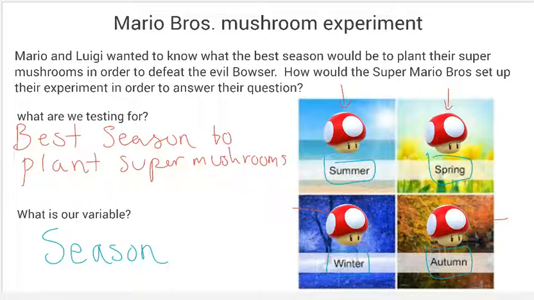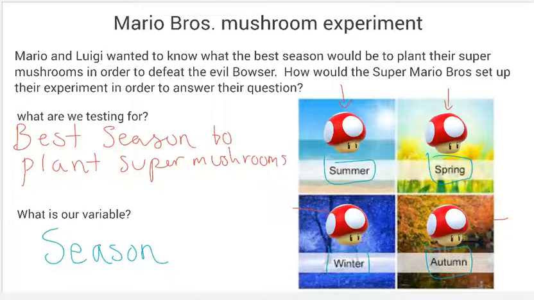If we do the experiment as it's set up in the picture on the right, the mushroom is the same in all of the pictures, and there's only one thing changing, which is the season.